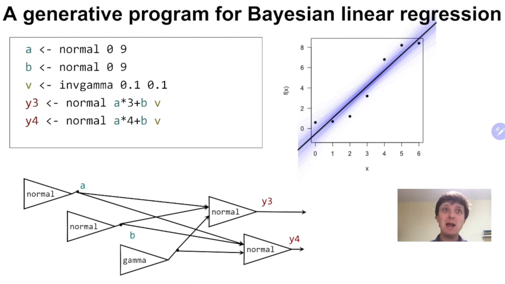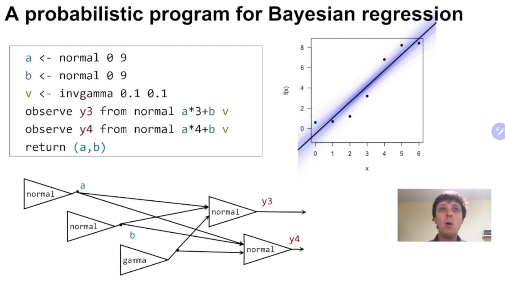So we had A, B, V, Y3, Y4 all as parameters of the same kind of status. But of course, Y3 and Y4 are observed data as opposed to parameters we want to infer. So now we can write this as a probabilistic program with the observe command inside, saying observe Y3 and observe Y4. And again, they come from normal distributions with the mean such as 3A plus B, and so on.